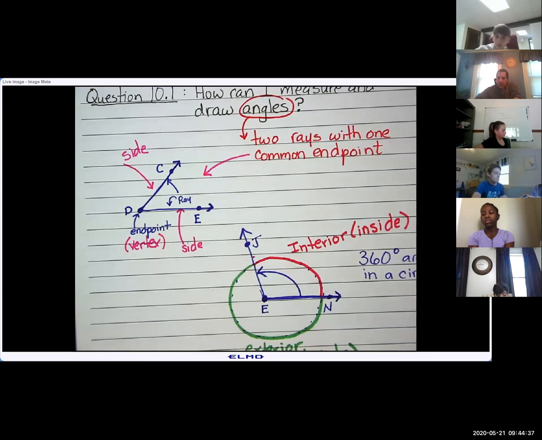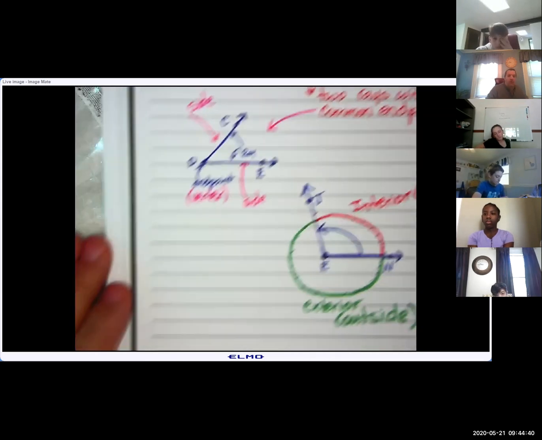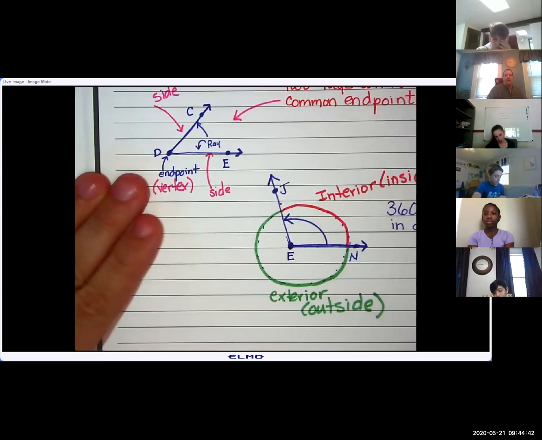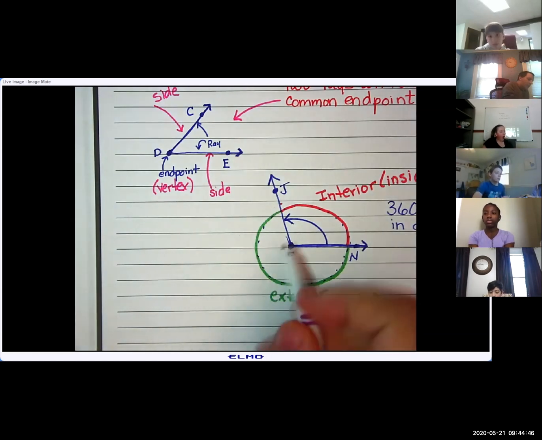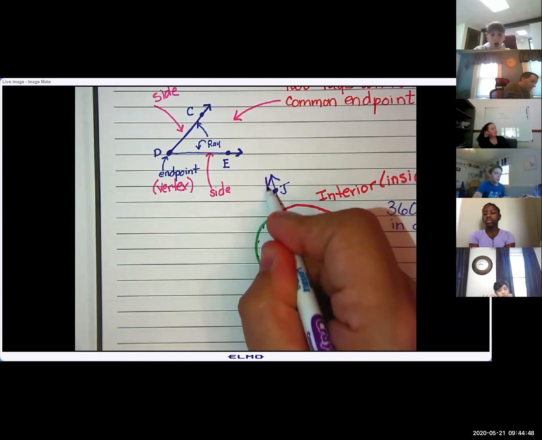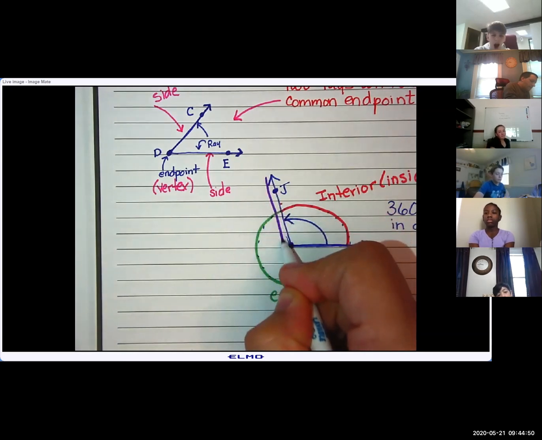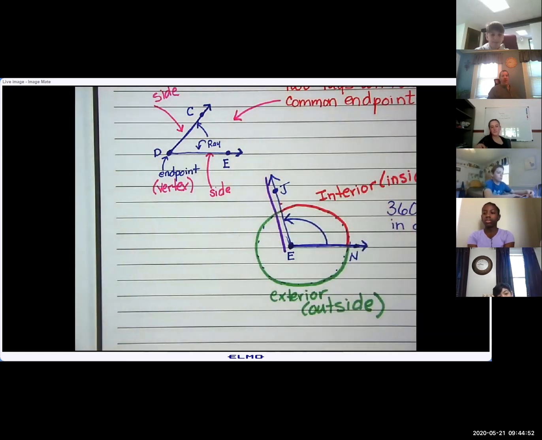What I can also do is record the parts of these angles. This part right here, we can give it a name. And we name it based on the points that we see.